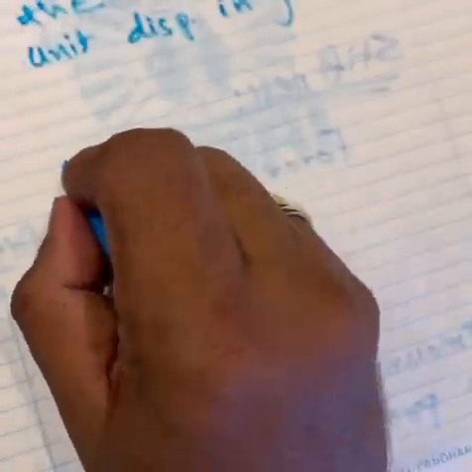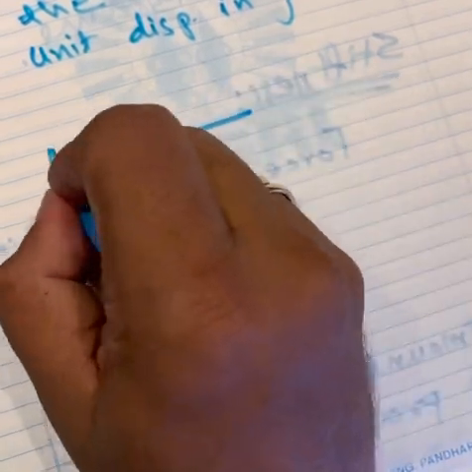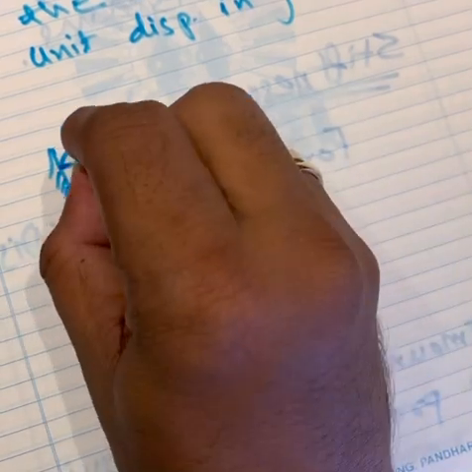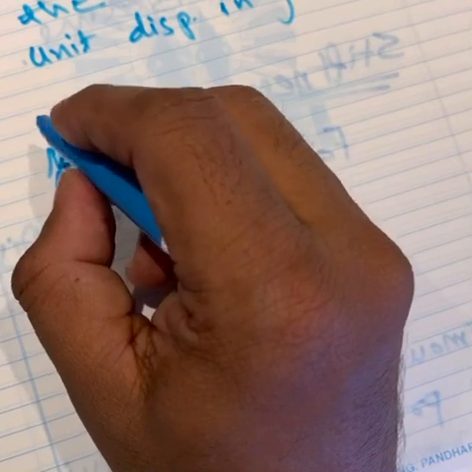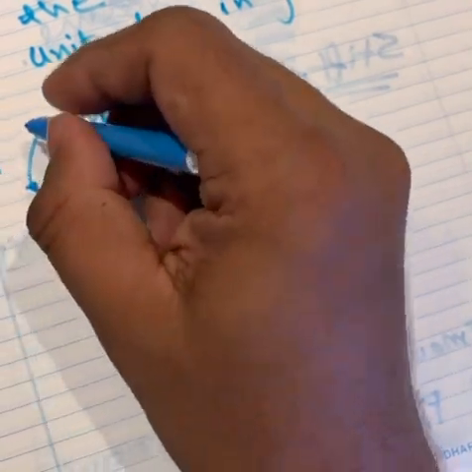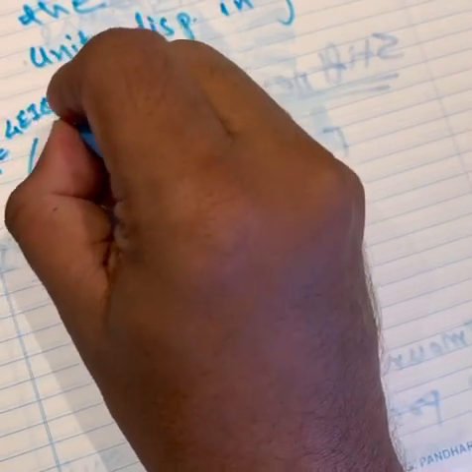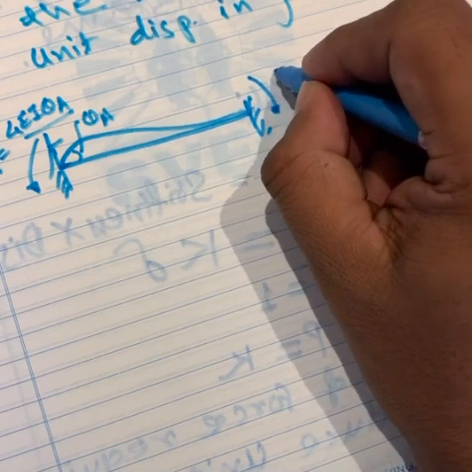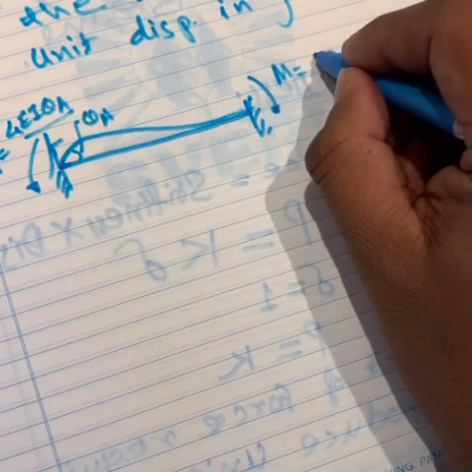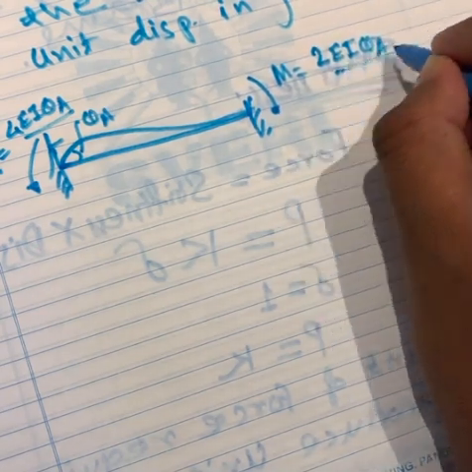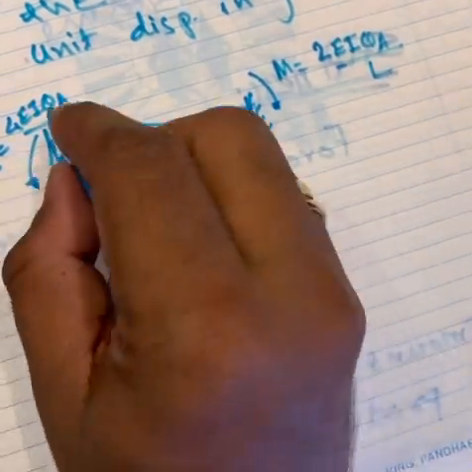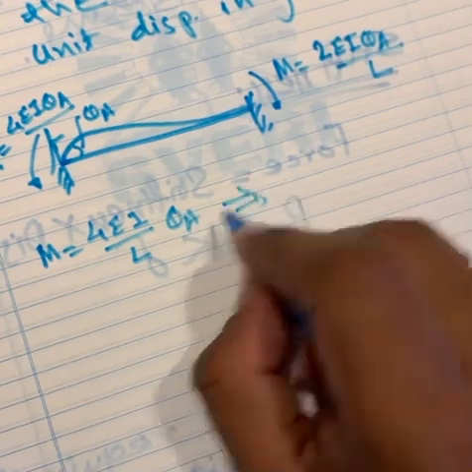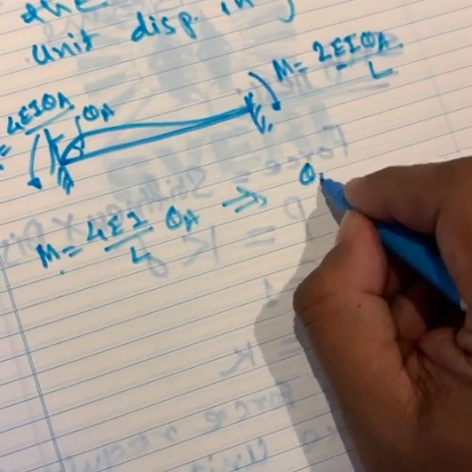If you take a beam with both ends fixed, and you give unit rotation at A, call it theta A, it will produce a moment M is equal to 4EI theta A by L. And at this other side it will produce the moment M is equal to 2EI theta A by L. To make this M a stiffness, M is equal to 4EI by L into theta A, so we put theta A is equal to 1.